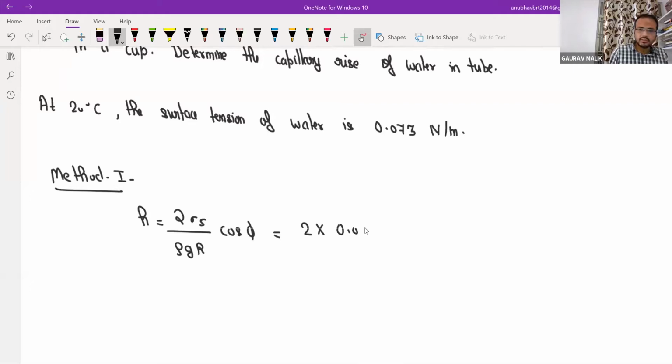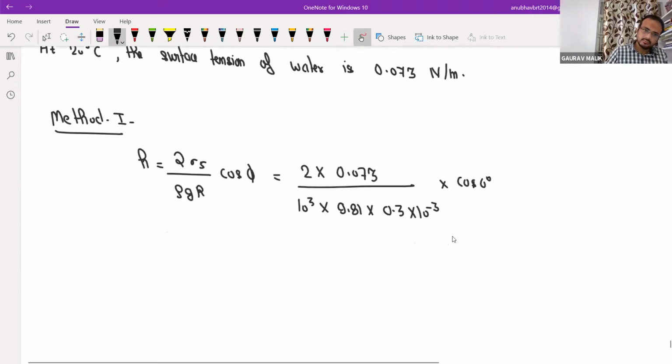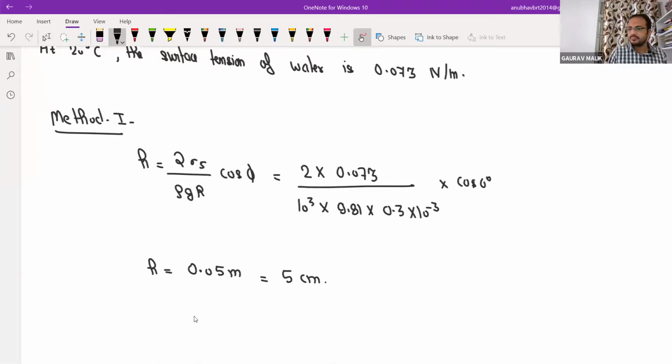That is 2 into 0.073 divided by rho 1000 into G 9.81 into D into 10 to the power minus 3 into cos 0 degree. So you will get 0.05 meter, which is 5 centimeter with the help of this formula.